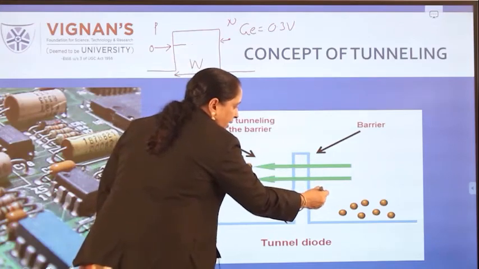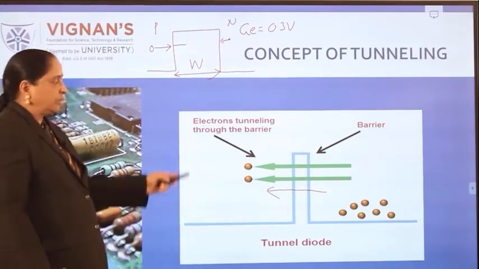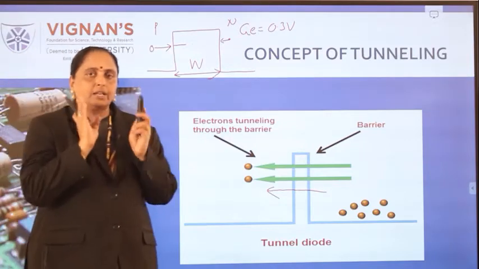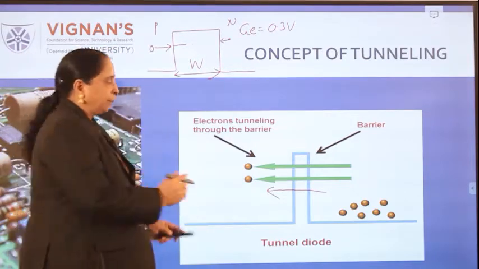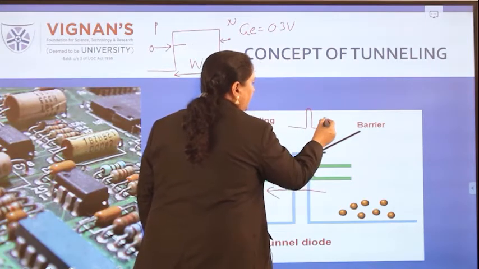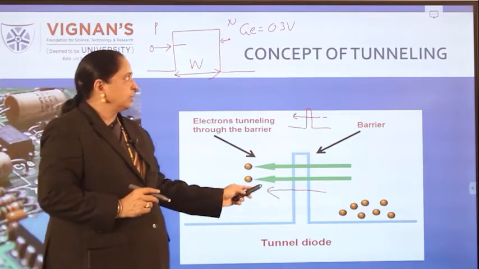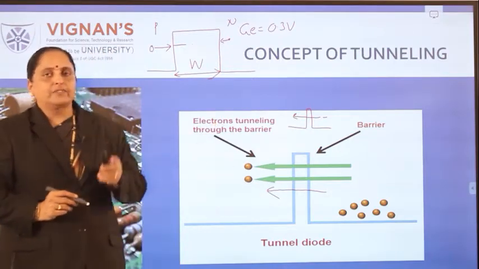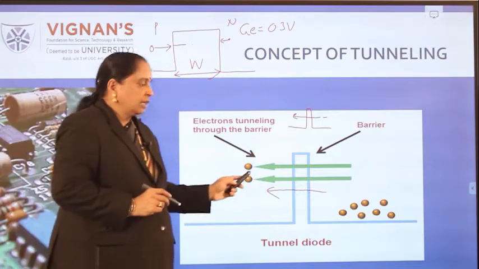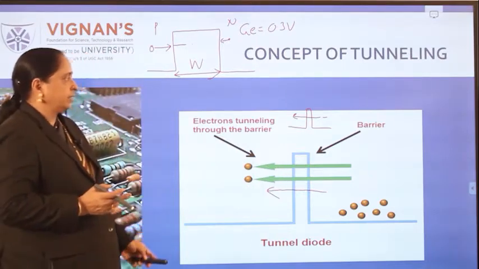They will easily penetrate from one side to the other because of this heavy doping. Because in heavily doped diodes, the depletion width becomes very narrow, so this narrow width is sufficient to cross the barrier. That's why this process is known as the tunneling phenomenon. That is, they tunnel through the barrier without much external voltage.